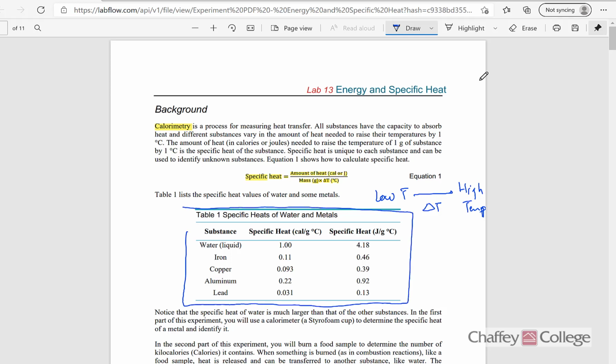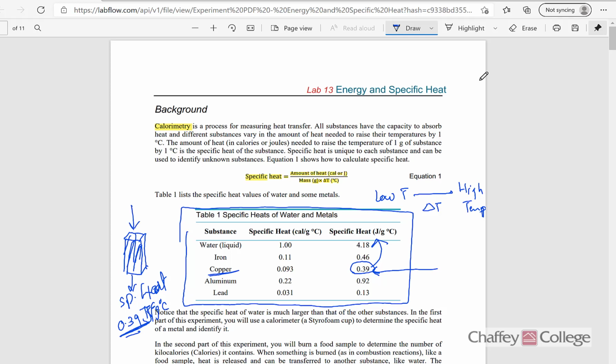Imagine we have a piece of metal and we don't know what this metal is. Somehow we measure its specific heat, and it comes out to be 0.39 joules per gram per degree Celsius. Then I can compare my value with the table, and the only metal which has a specific heat of 0.39 is copper, so I can identify that my unknown metal is copper.